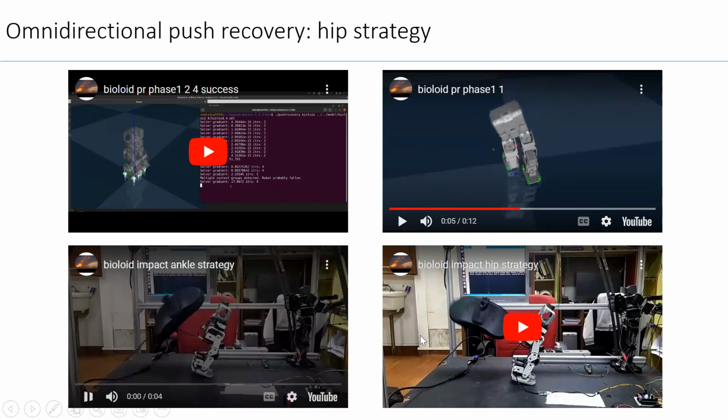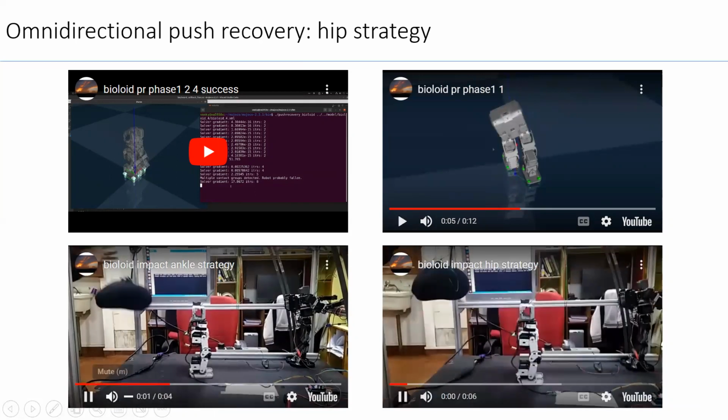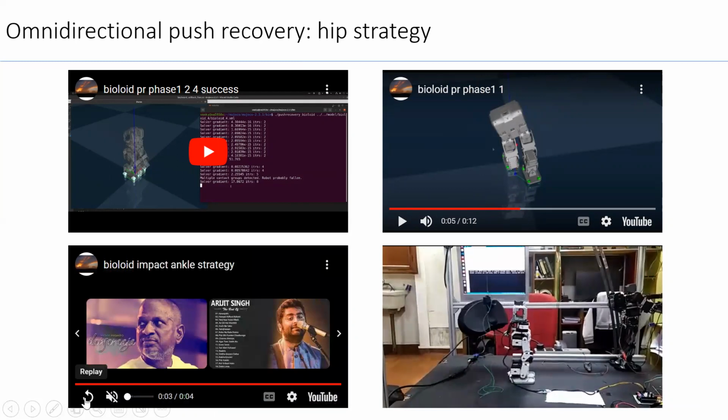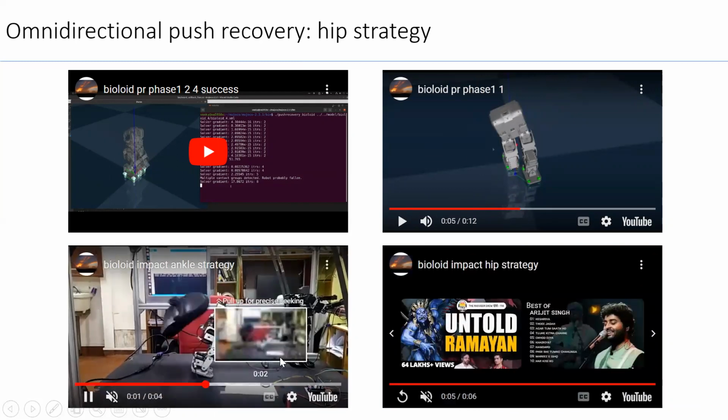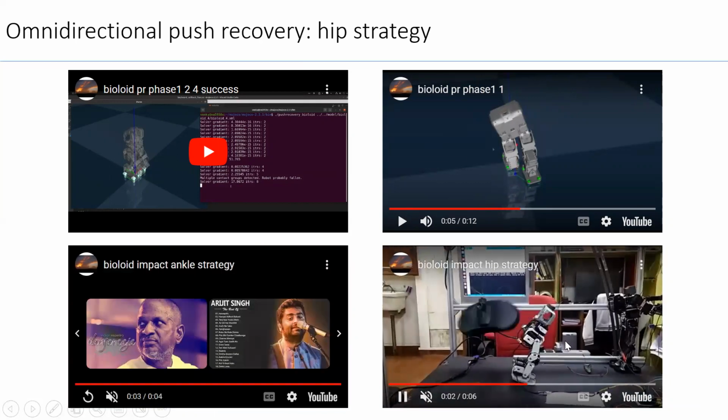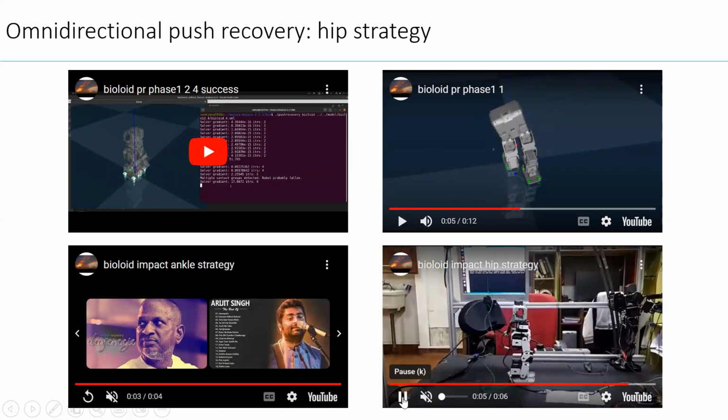Here are two practical, physical experiments. If the robot is kept rigid, then it falls. If we apply the principle of reaction wheel, then the robot comes back.